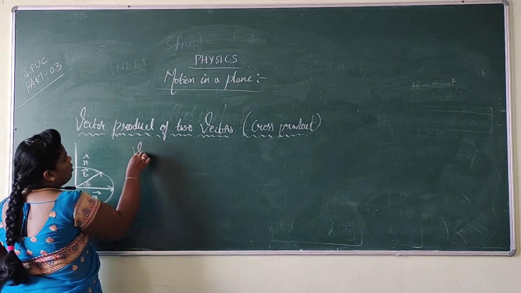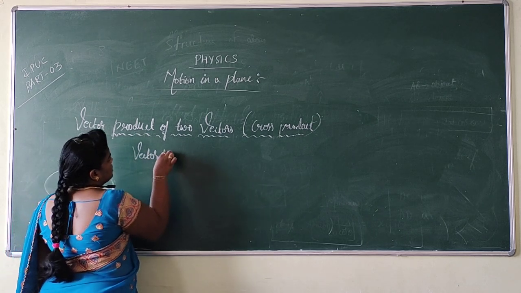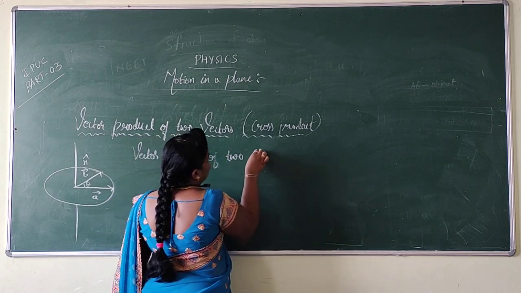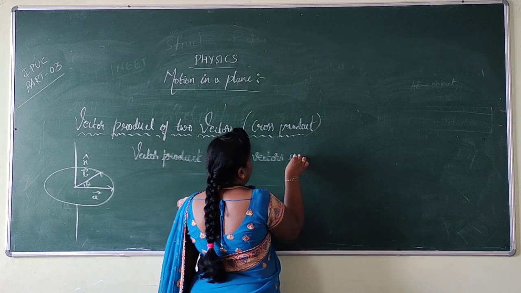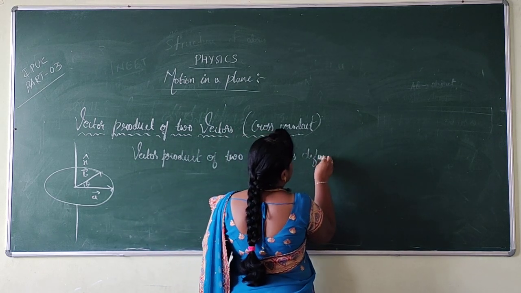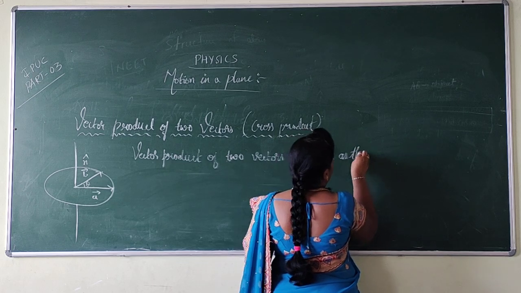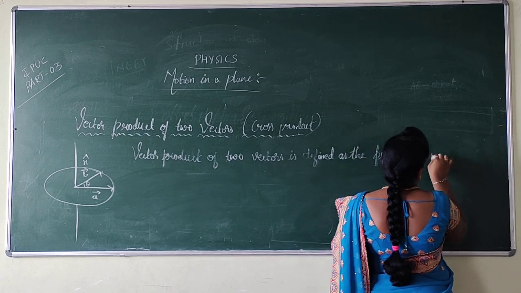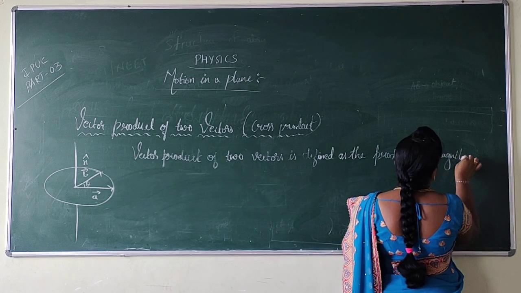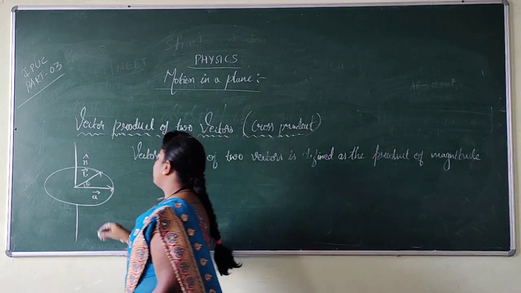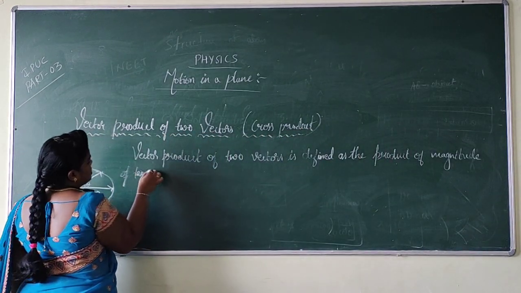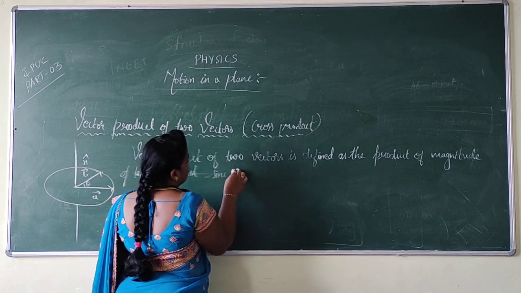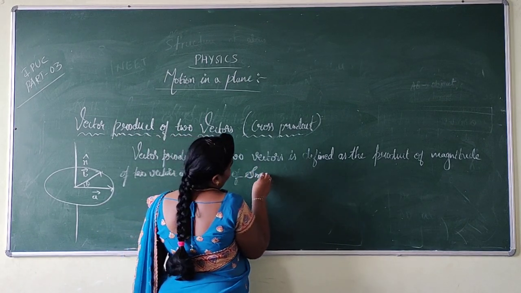Now let us define that. How to define the vector product? The vector product of two vectors is defined as the product of the magnitudes of the two vectors and the sine of the smaller angle between them.